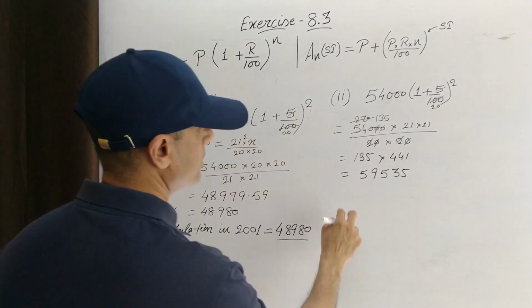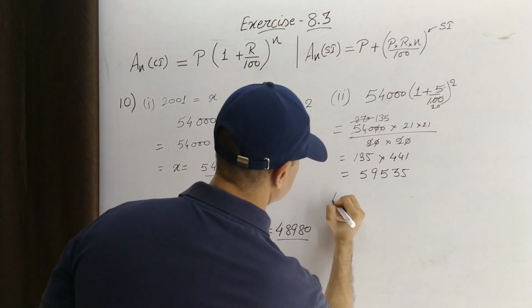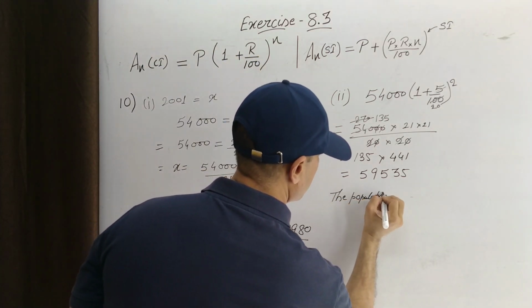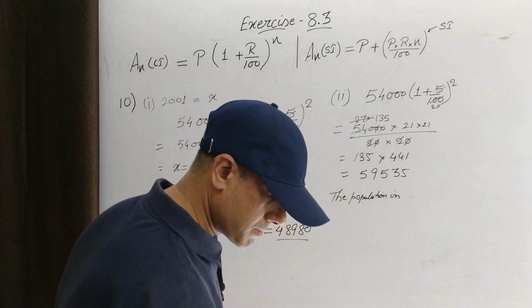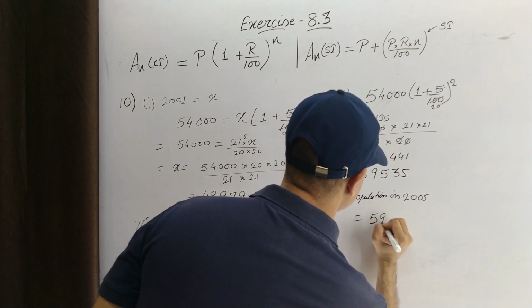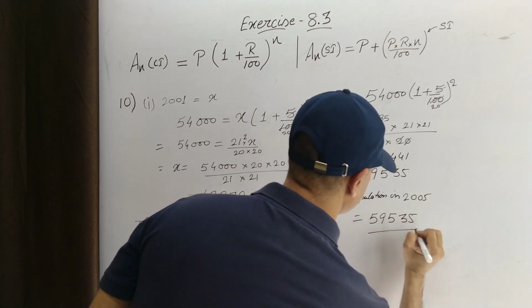This calculation done already. So this is the population in 2005 is equal to 59535.